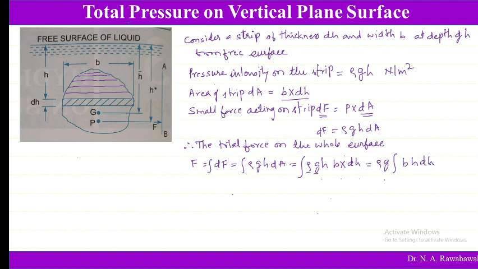Now what we know is integration of b into h into dh is equal to integration of h into dA, since b into dh is dA. Therefore this integration of h into dA is nothing but the moment of surface about the free surface of liquid. So this small area into this distance gives us the moment of this small area or strip about the free surface.